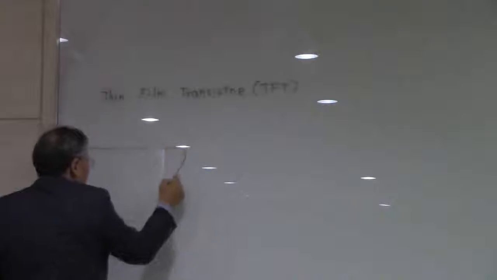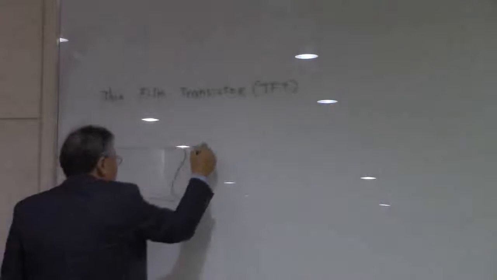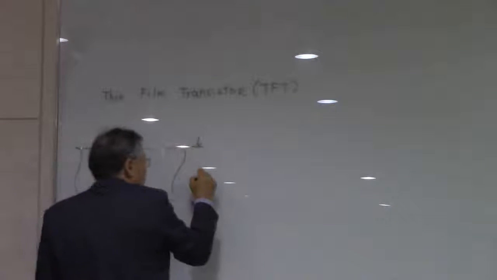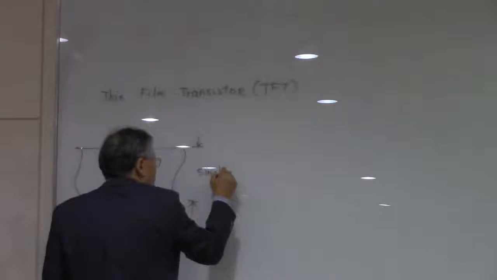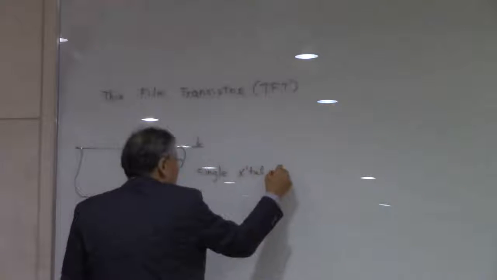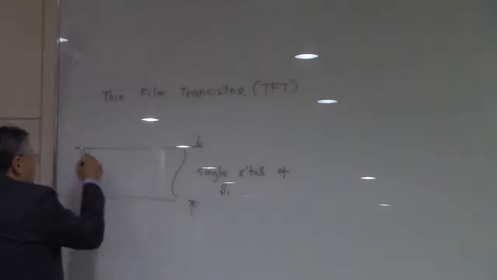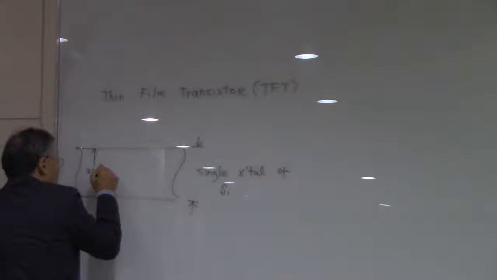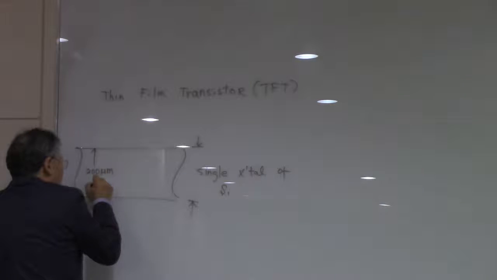In normal transistors, the silicon wafer, first of all, is a single crystal of silicon, and the thickness is more than 200 microns.